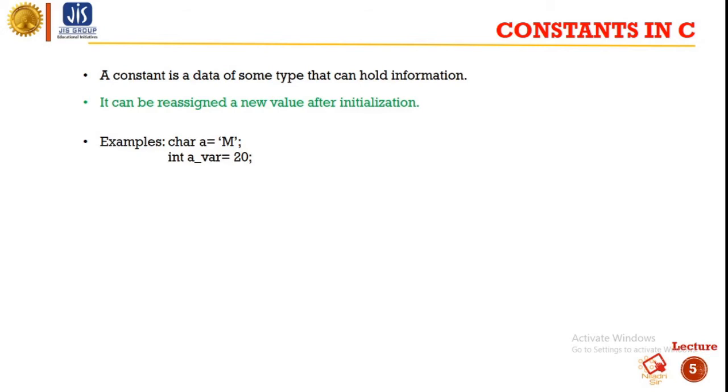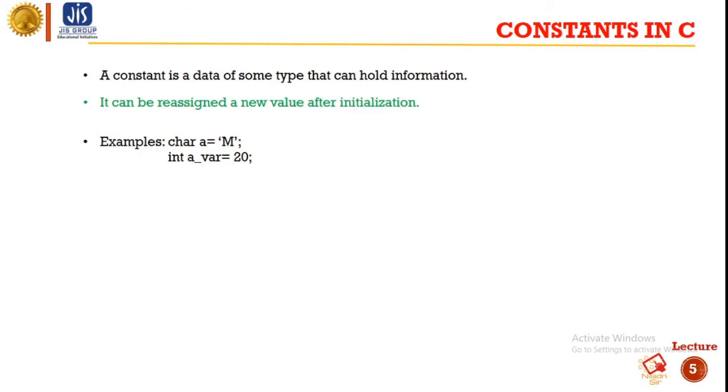And what are the rules for constructing a real constant or float constant? Real constants are often called floating point constants. They have two forms: the fractional form and the exponential form. A real constant must have at least one digit and must have a decimal point.